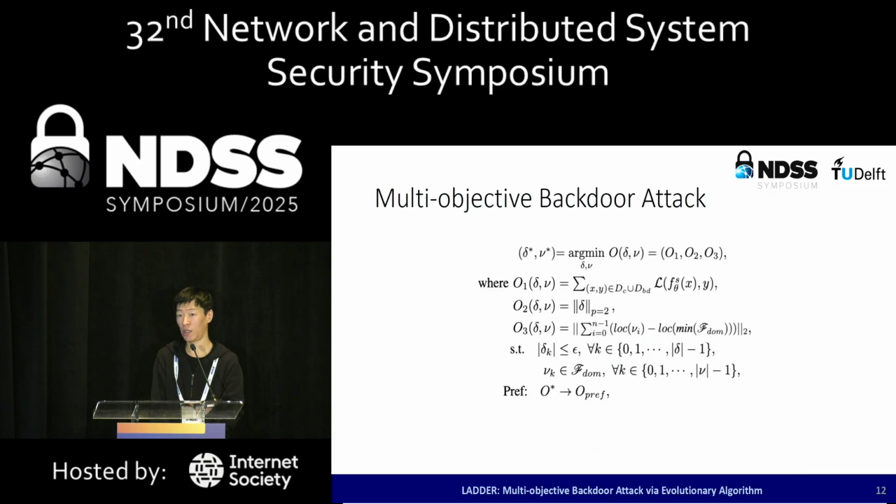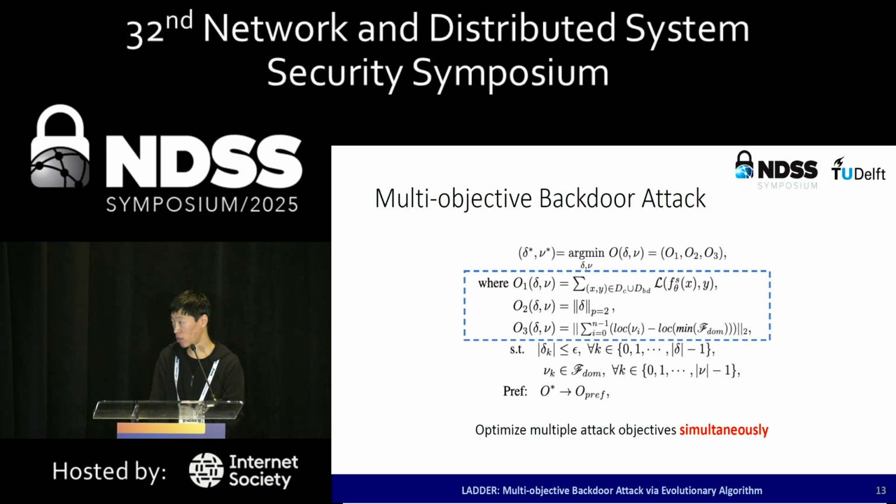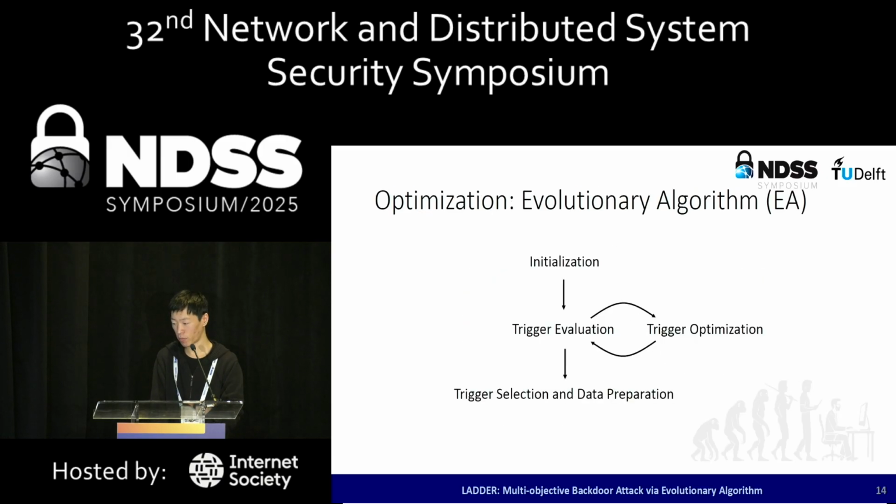Different from that, in this paper we consider multiple backdoor attack objectives and optimize them simultaneously without aggregation. Specifically, we use an evolutionary algorithm for optimization rather than gradient descent.